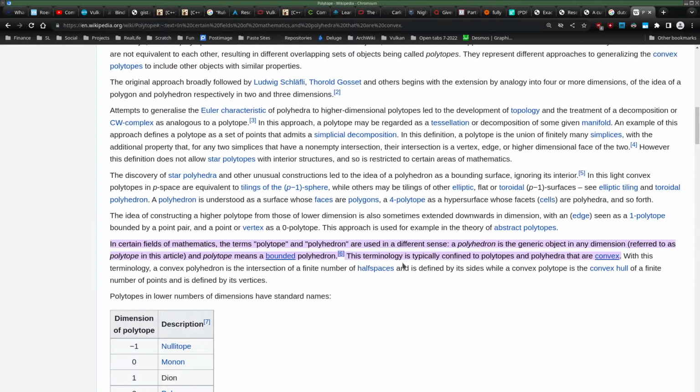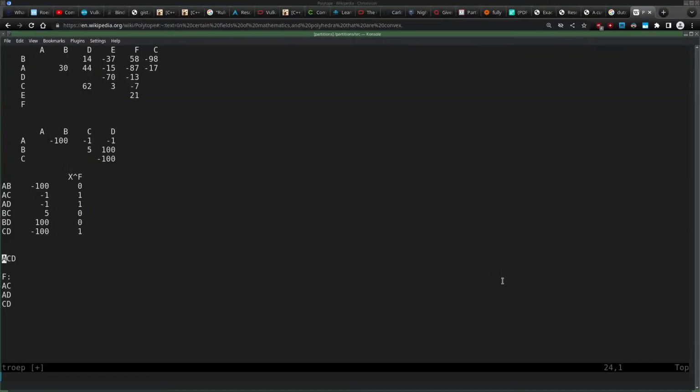This terminology is typically confined to polytopes and polyhedra that are convex. A convex polyhedron is the intersection of a finite number of half spaces. Now I get the whole sentence as well.